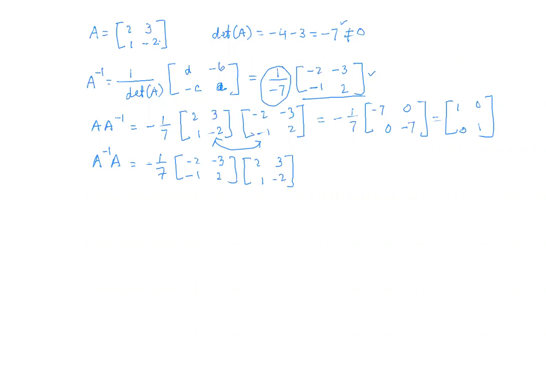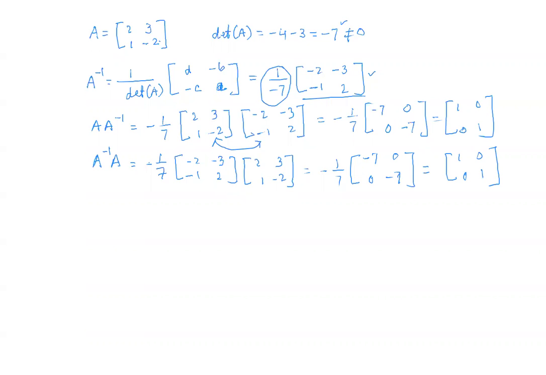That's going to give you -1 over 7. If you do the math, the dot product is going to be -7, 0, 0, -7. And then if you multiply it out, it's going to become the same thing, 1, 0, 0, 1. And that's how you find the inverse of a 2 by 2 matrix.